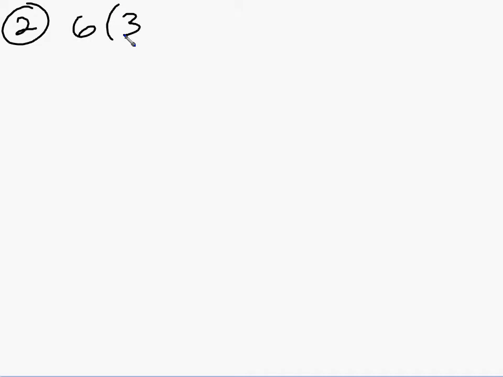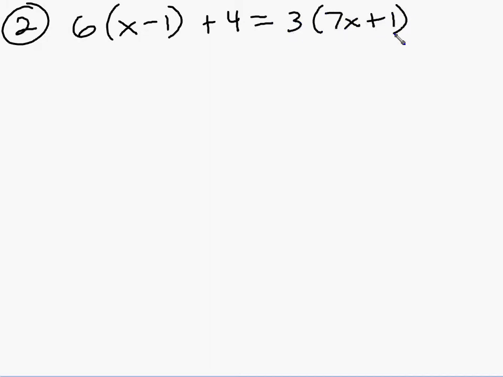Sometimes, oops, that's just supposed to be an x, not a 3x. 6 times x minus 1 plus 4 equals 3 times the quantity 7x plus 1. Sometimes you have to do what property first? Distributive property first.